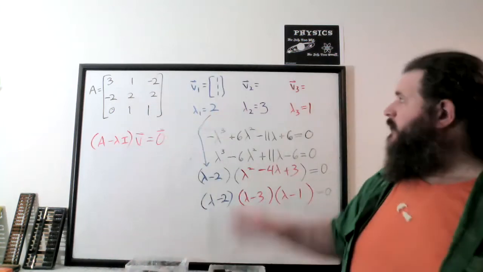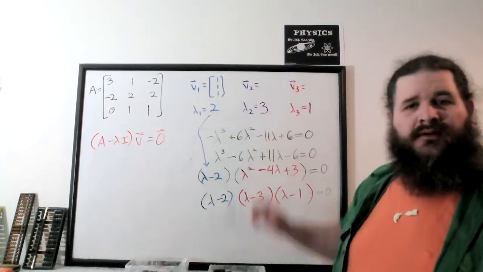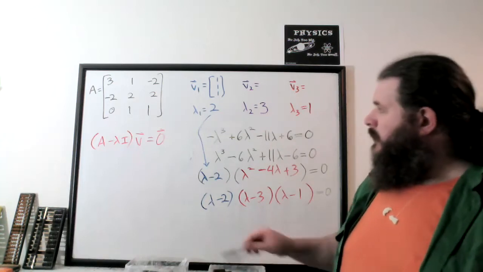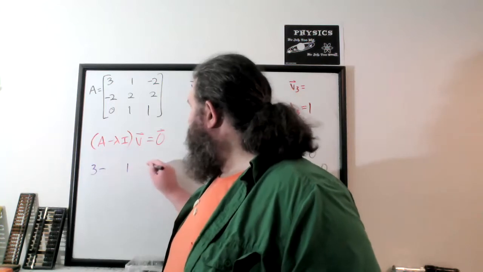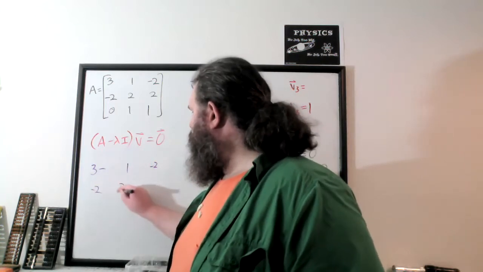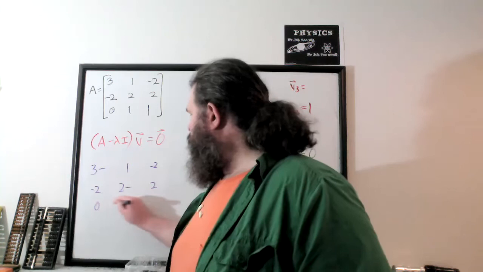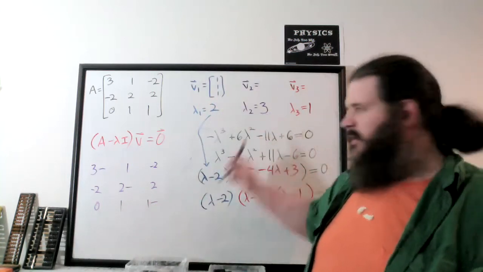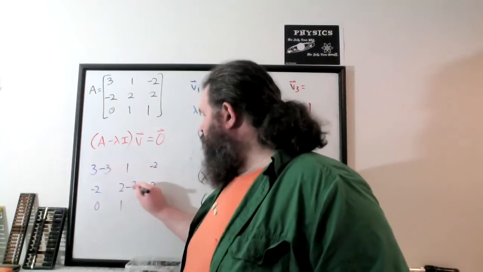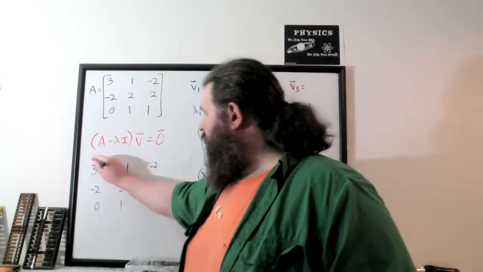So for instance, if you wanted to find V2, the eigenvector associated with the eigenvalue 3, you would write out A minus lambda I. And then actually plug in this eigenvalue for lambda. So you'd be subtracting 3 from everything on the main diagonal.